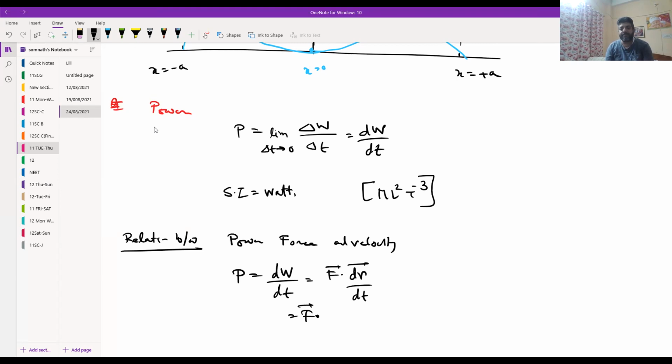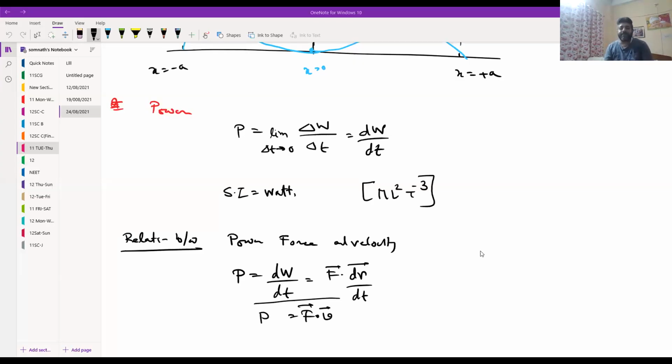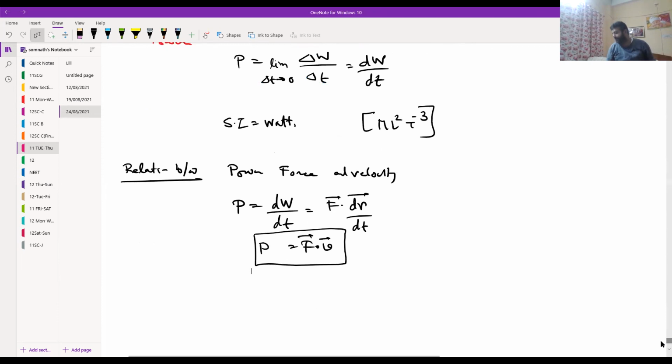So basically power is the dot product of two vector quantities. They are force and velocity. Clear? Is it okay, everyone?